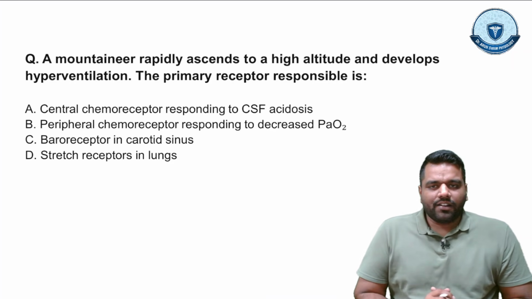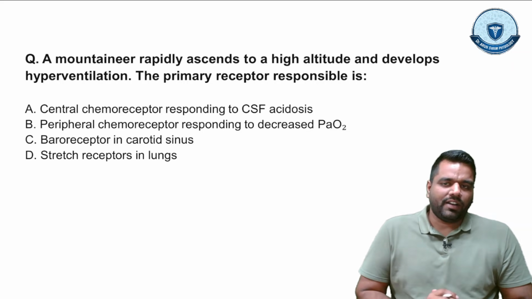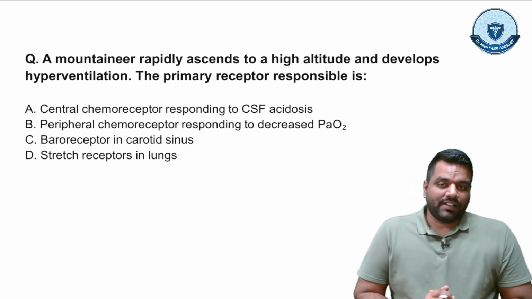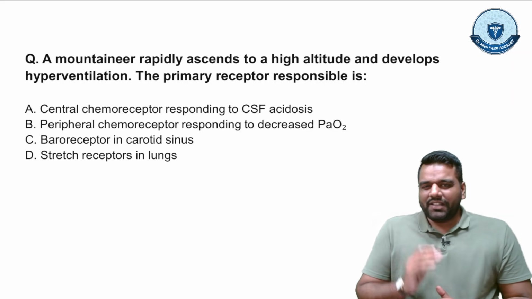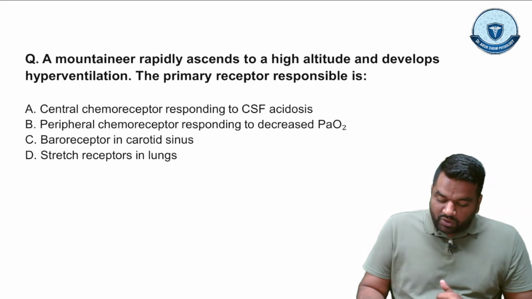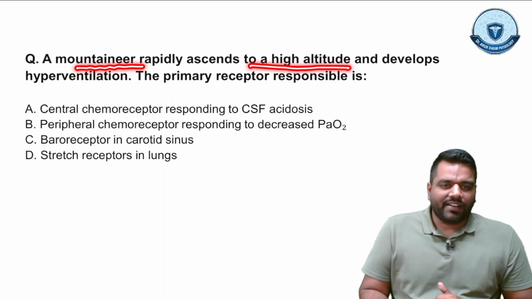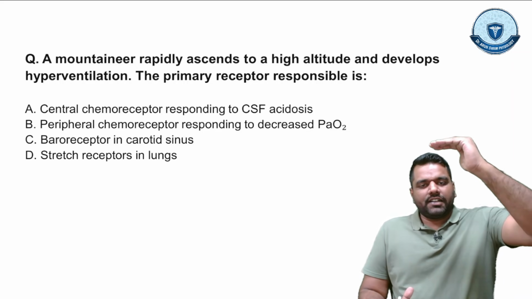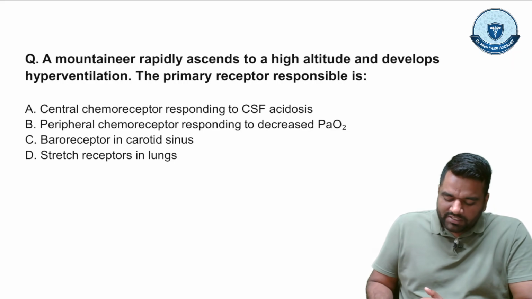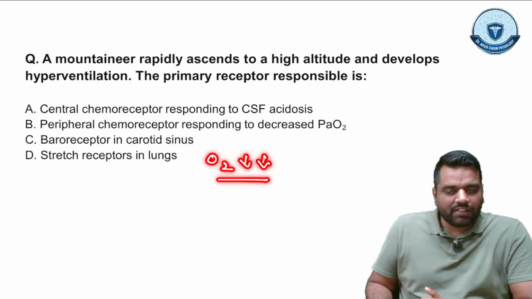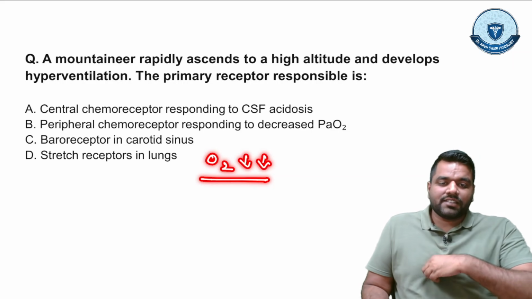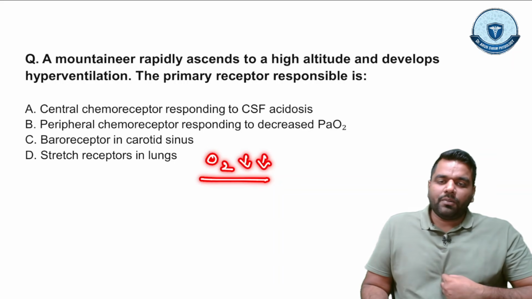A mountaineer rapidly ascends to high altitude and develops hyperventilation. The primary receptor responsible is, guys, first please understand the MCQ. Talking about the mountaineer going to a high altitude area, we know that the level of oxygen drops. जितना ऊपर जाते हैं ऑक्सीजन का लेवल कम होता है. So less oxygen goes inside the lungs and less oxygen mixes into the blood.